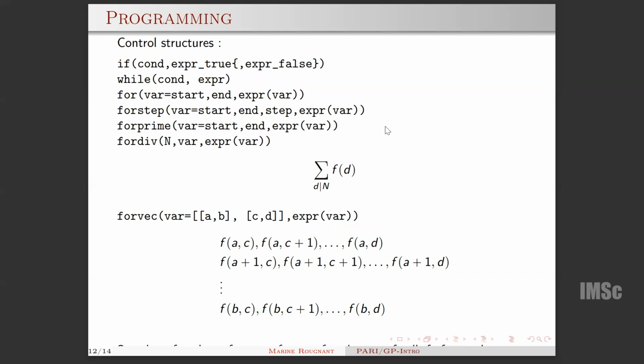The first one going from A to B, the second one going from C to D, and then an expression. This expression, I will call it F after. It will give you back F of i, j for every i, every j. This is what I wrote.